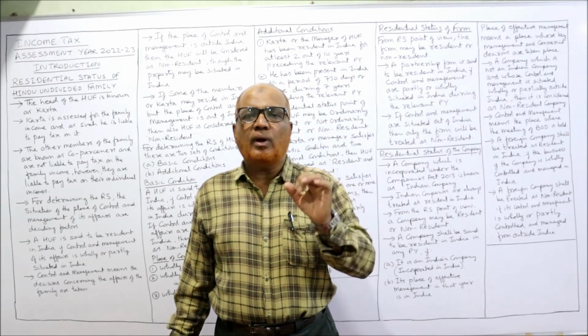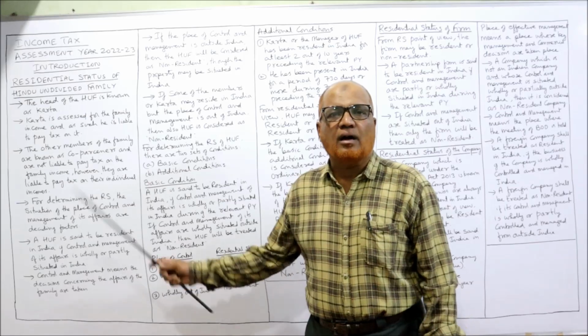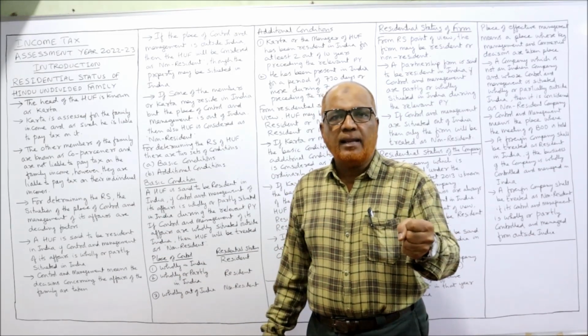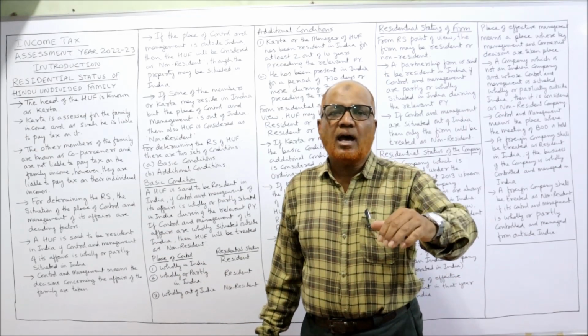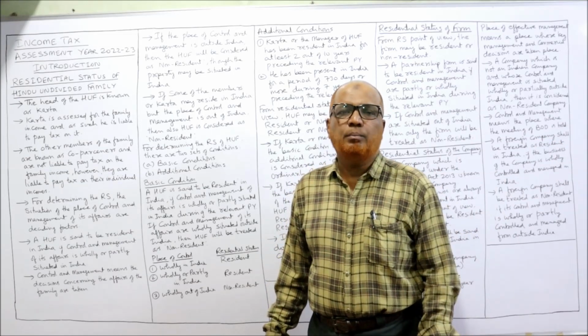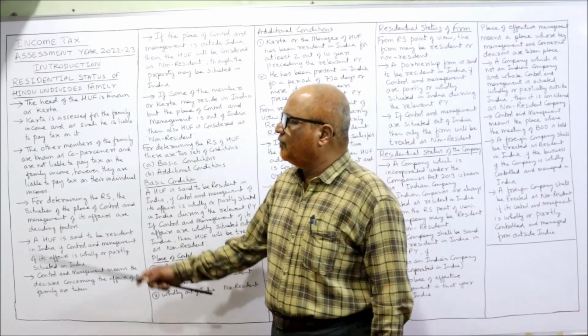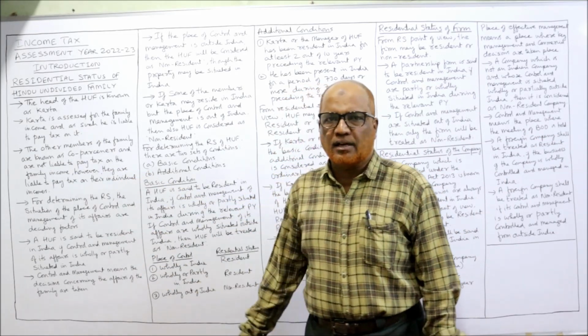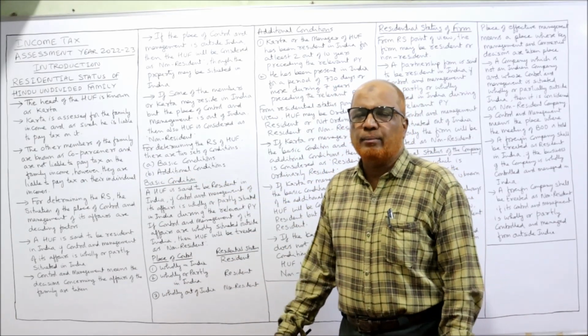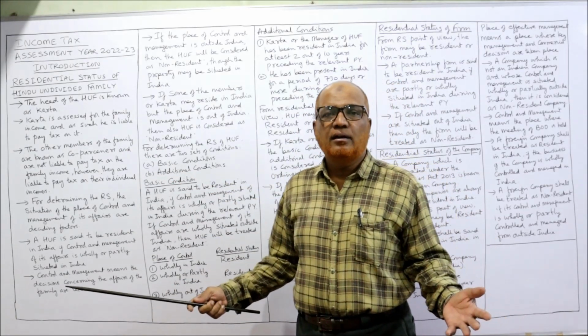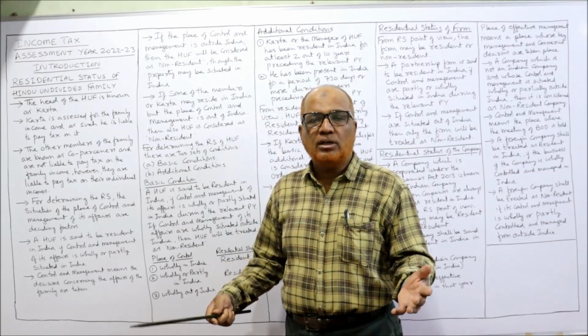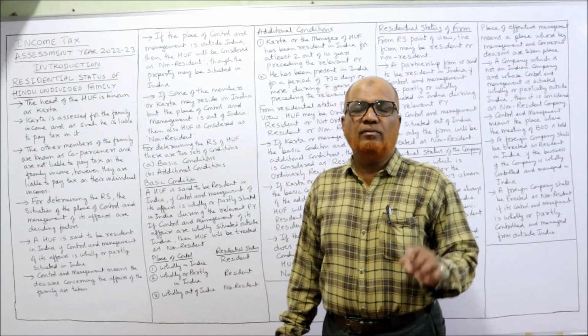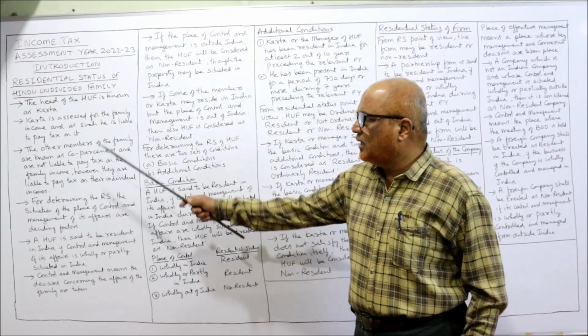The head of the Hindu undivided family is called the Karta. He will control and manage the business, and he has to pay the tax on behalf of the Hindu undivided family. Karta is assessed for the family income because he is the head, he is controlling, he is managing, he is responsible. He will be assessed for the income tax of the HUF.